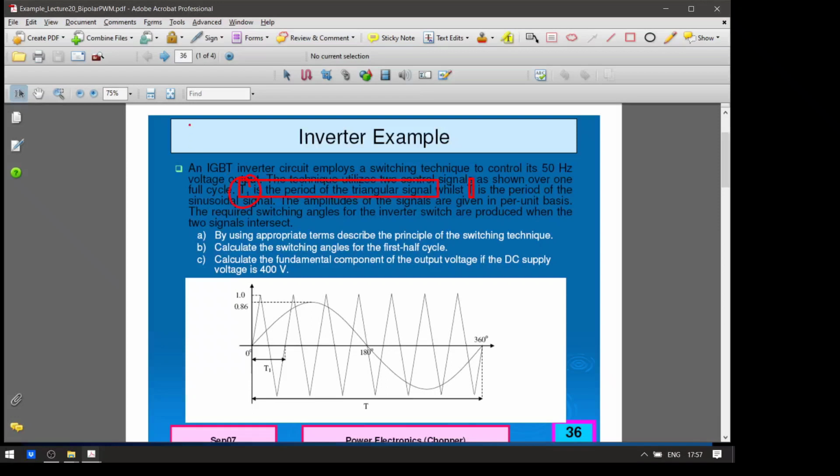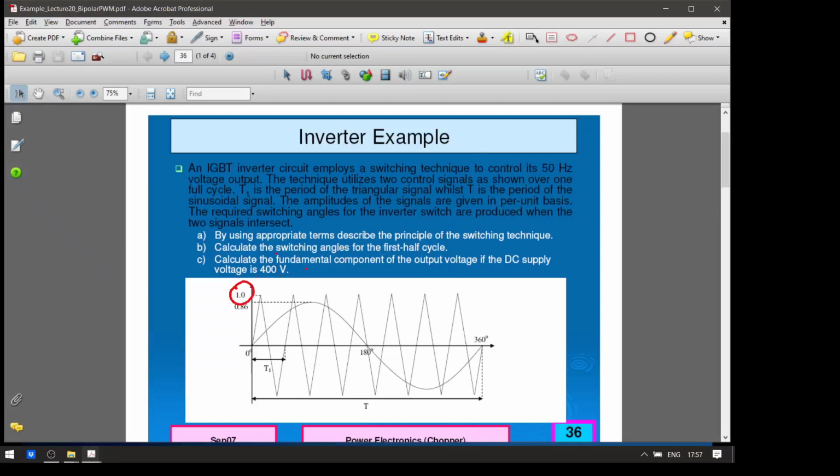So very much T1 here is similar to Tc in our derivation, and T is the period for the modulating signal. The amplitudes of the signals are given on a per unit basis. So it's per unit, of course, it's 1, right?